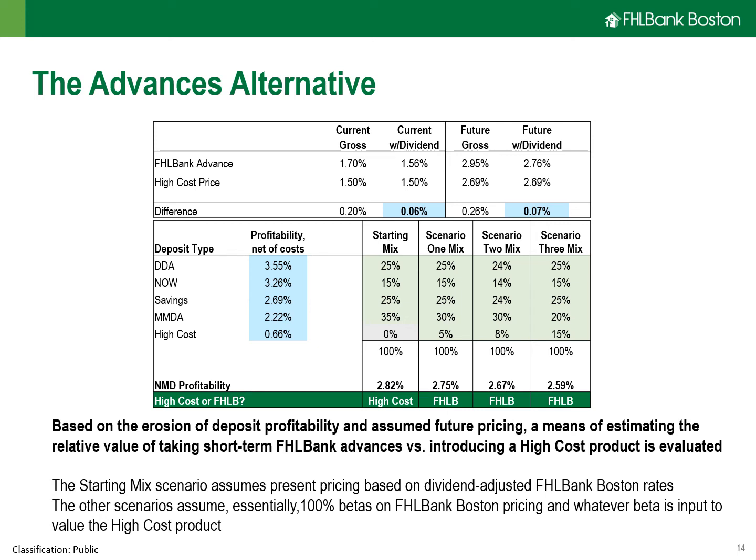Now we can compare that 6 basis point difference in marginal cost relative to the deposit profitability erosion that could happen from cannibalizing our existing book. So if the overall existing book had a profitability of 2.82%, if you see here on the bottom, then it's cheaper to just take the high cost deposit special, because if there's no cannibalization whatsoever, that's cheaper funding and it's not going to affect the overall book.